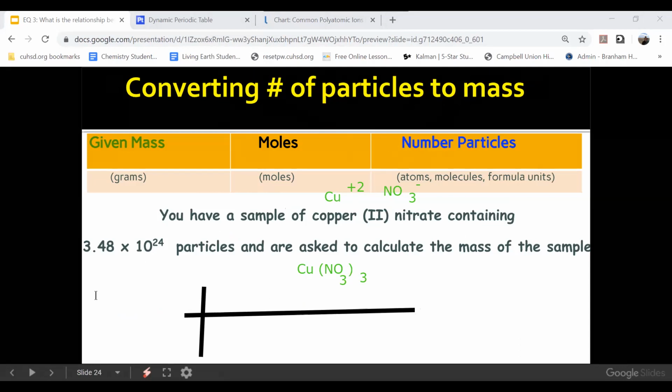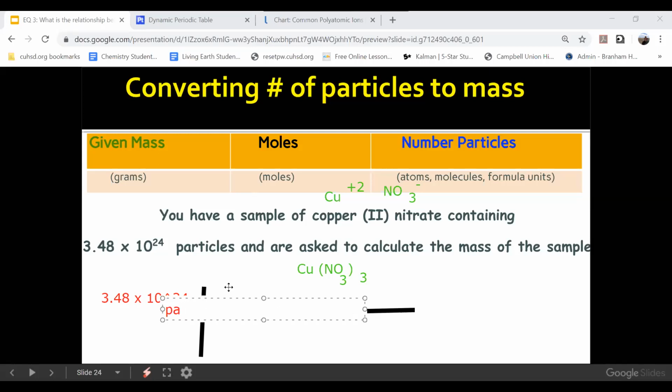So we can start with our 3.4 times 10 to the 24th power. I'm going to use that little caret just to keep it quicker. So we're going to start with those particles, and this is going to be particles as our unit, or PA for short.